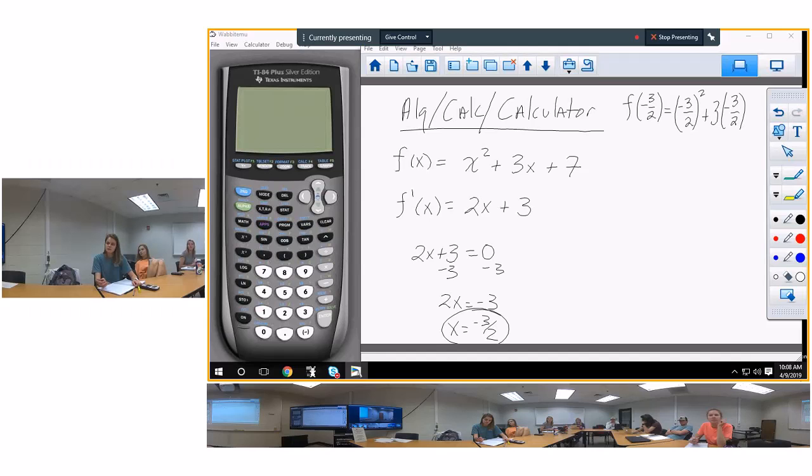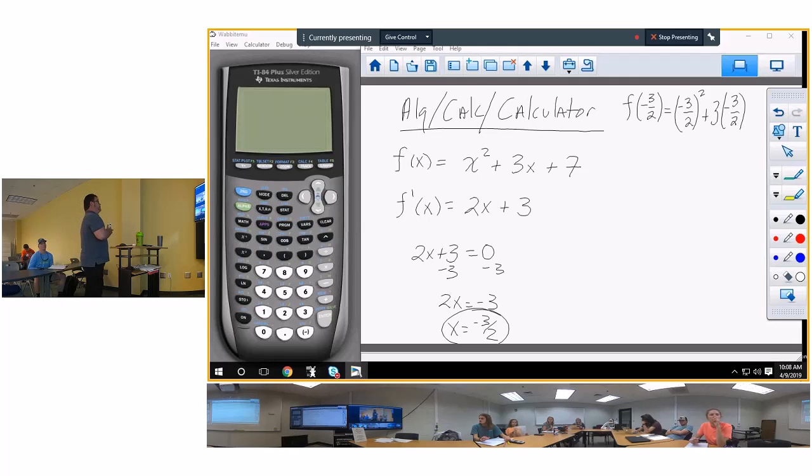For the one before this, we plugged 0 into the first derivative equation, but now we're setting it equal to 0? You always set it equal to 0, because what is the slope of the line at the vertex? It's horizontal, 0. So you're setting the slope equal to 0.